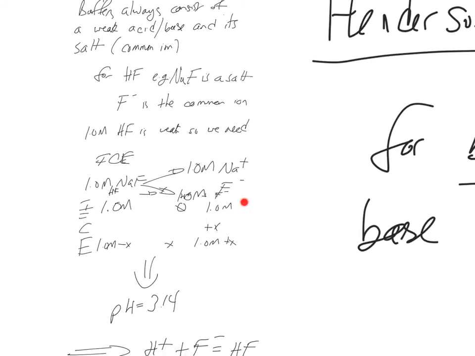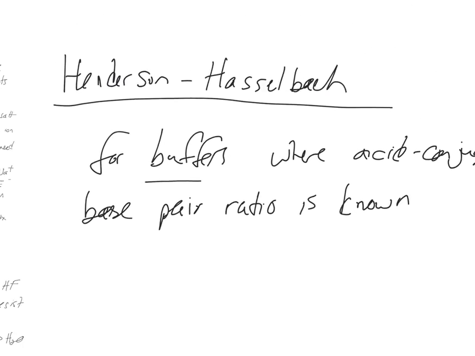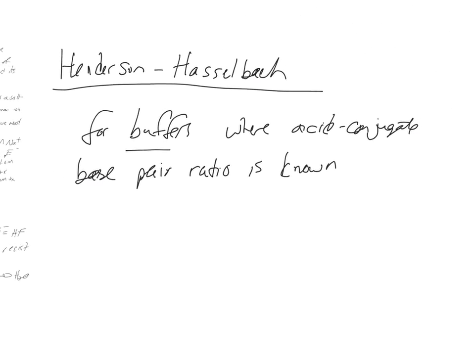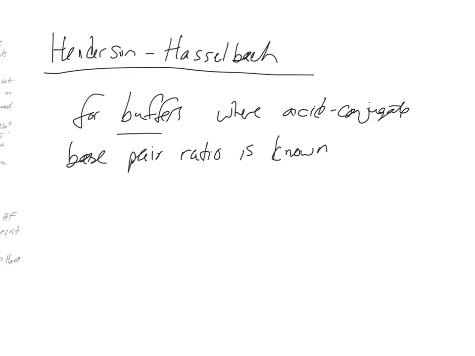We know how much conjugate base we have because we added it in the first place. And so for this particular type of problem, we can use something called the Henderson-Hasselbalch equation because we know how much conjugate base we have.